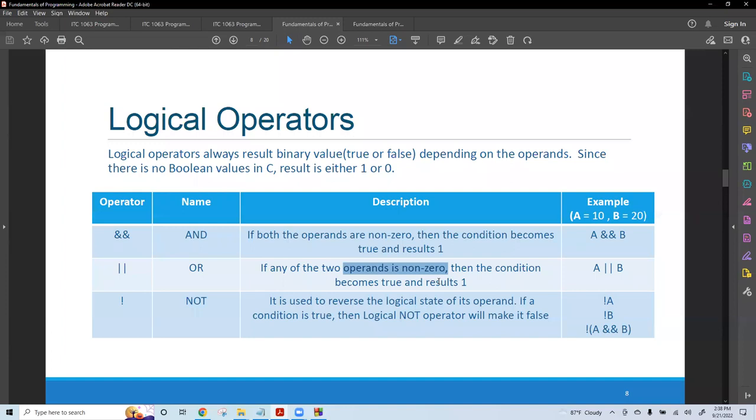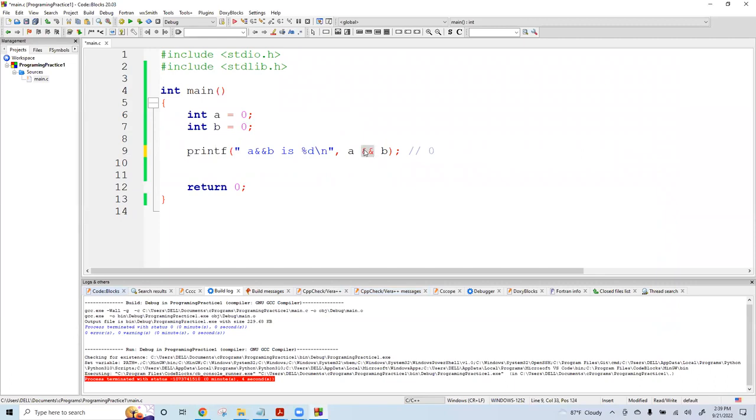Third one is very easy. It is a unary operator. Unary, just one operand is enough, right? And then it will reverse. We say, let's say B, right? Let's say A is 20, B is 10, right? Not B is, so let's say, yeah.